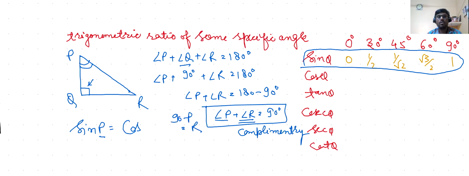So definitely cos R is equal to sine P. Same case with the other values also, meaning cos P is equal to sine R.